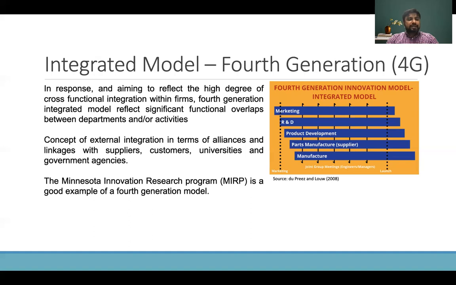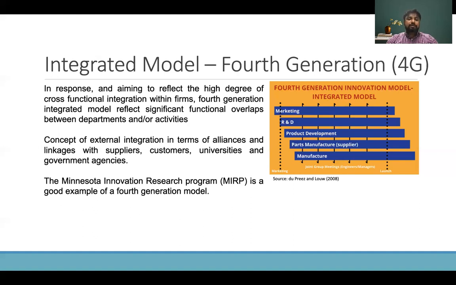In response and aiming to reflect the high degree of cross-functional integration within the firm, the fourth generation integrated model reflects significant functional overlaps between the departments and the activities. A further novel feature of this model is that it integrated the concept of external integration in terms of alliances and linkages with the suppliers, customers, universities, and the government agencies.